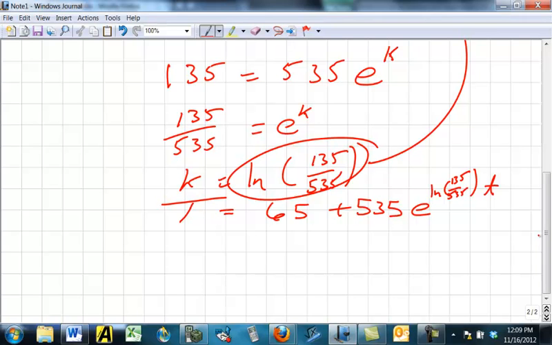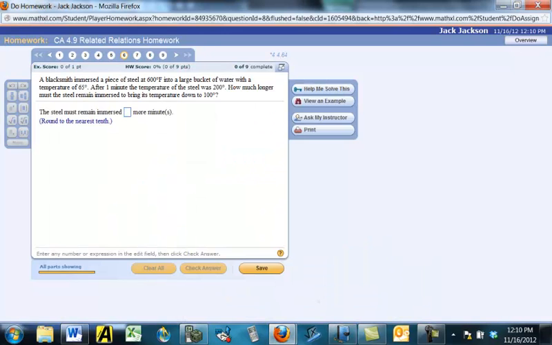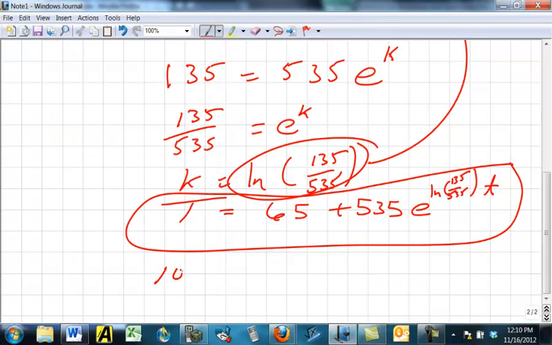Okay, so there's our formula. Now that we have our formula, we can answer all kinds of questions about this. We could also graph it. How much longer does it need to get down to 100 degrees? Well, 100 degrees here, we want to figure out the solution to this equation.